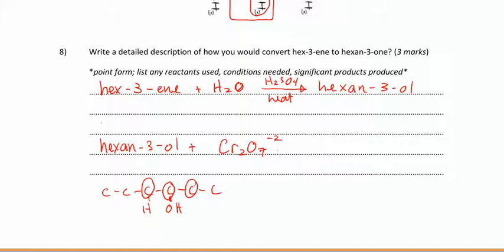All I care about, the part that matters, is the dichromate ion. There are some conditions that I need. Obviously, I need to heat this up, and again, I need a catalyst. And look at that, it's the exact same conditions as the first one. Isn't that nice and easy? And to go from hexan-3-ol, to oxidize it, it automatically becomes hexan-3-one. And that's all you need, just like that.